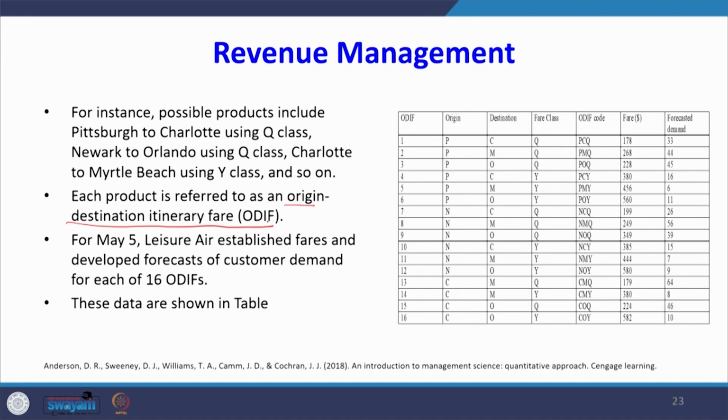This is an important terminology. For May 5, Leisure Air established fares and developed forecasts for customers' demand for each of 16 ODIFs, numbered 1 to 16. This data is given in this table.